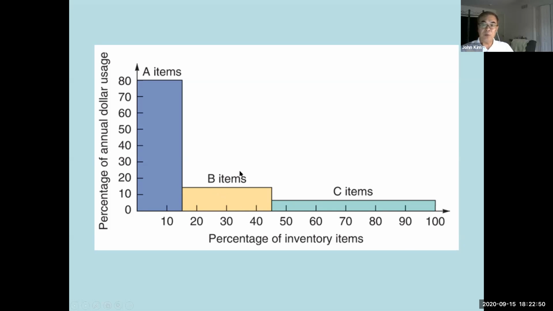Class B: the dollar value is in the middle, and the size of inventory is also medium. And then class C: the value is low, but the inventory size is large. So A, B, C like this.